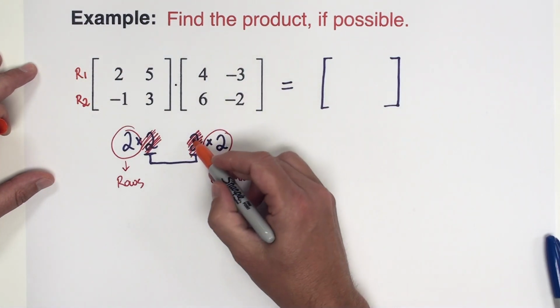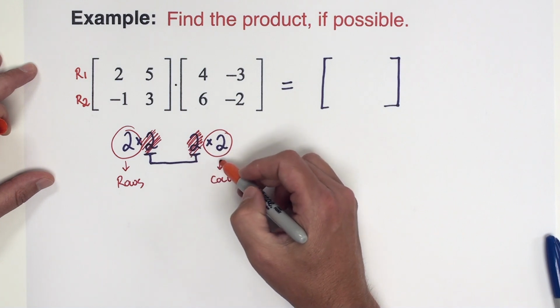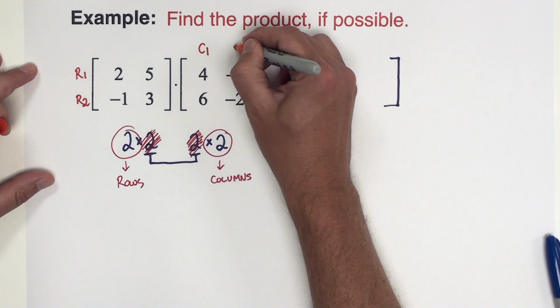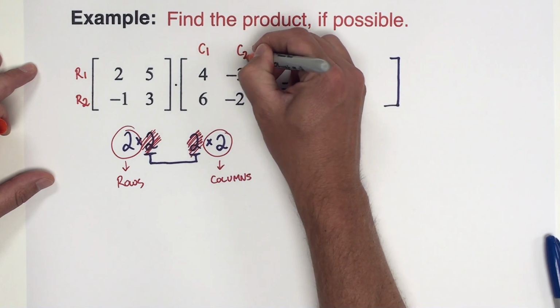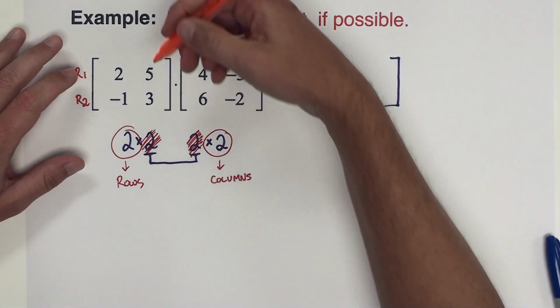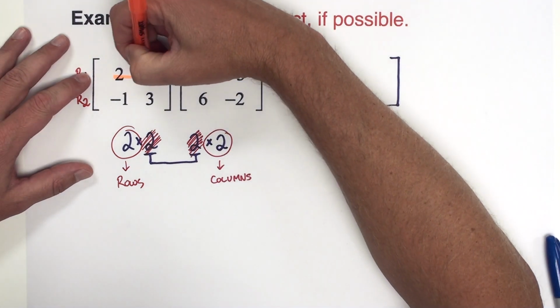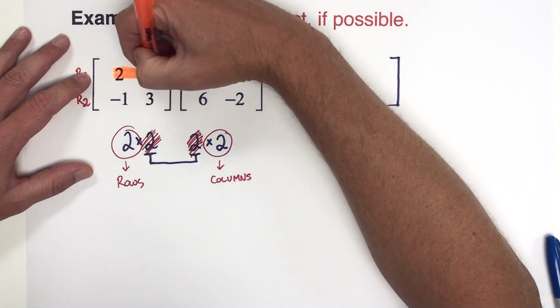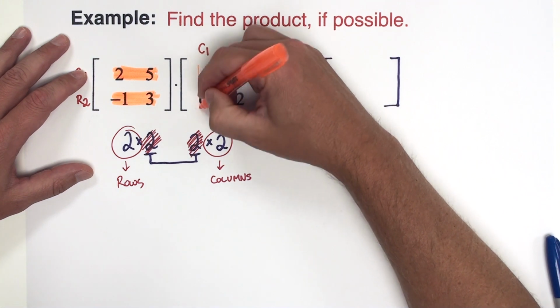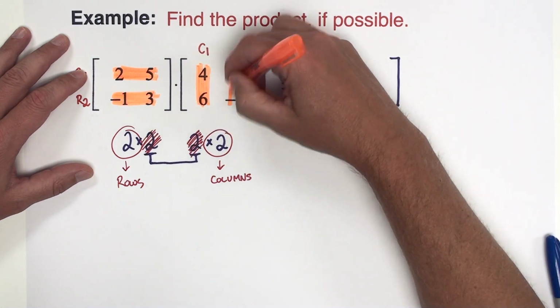In the other matrix, we've canceled out the rows and kept the columns, so I'm going to label the columns. This is column number 1, and this is column number 2. Just to keep it clear exactly where we're looking, I'm going to highlight these things in this problem. So we're going to use these rows, and we're going to use these columns.